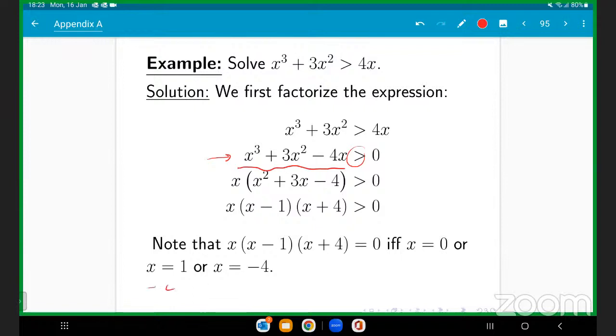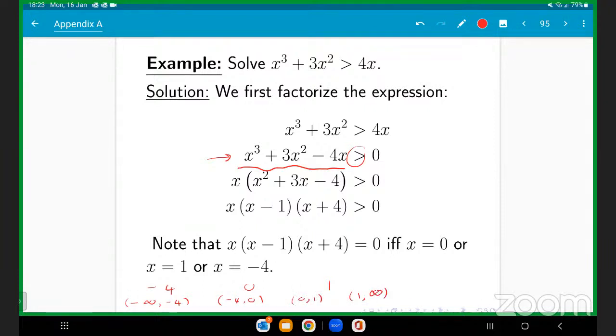So we put the numbers -4, 0, and 1 on the number line. We split up our number line according to these critical points: -infinity to -4, then, arranging in increasing order, -4 to 0, 0 to 1, and 1 to infinity.